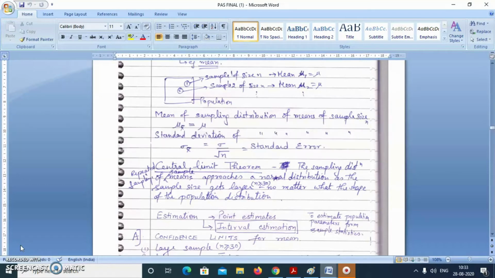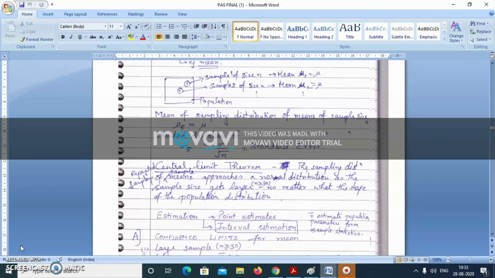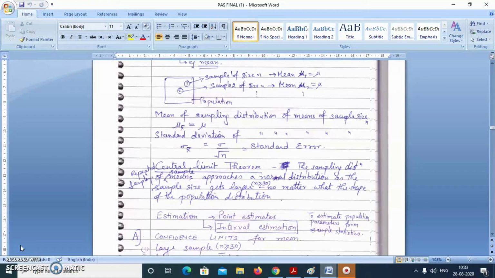And n greater than or equal to 30 we call a large sample, and n less than 30 we call a small sample. For n greater than or equal to 30 we go for Z distribution or normal distribution tables, and for n less than 30 we go for T distribution tables.